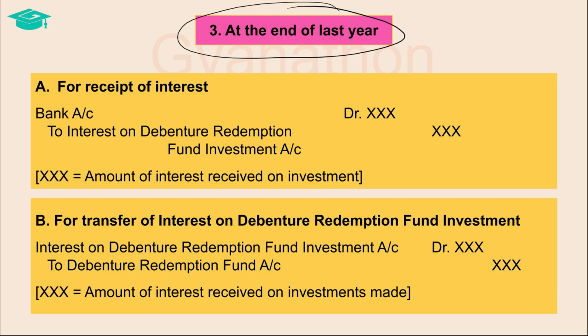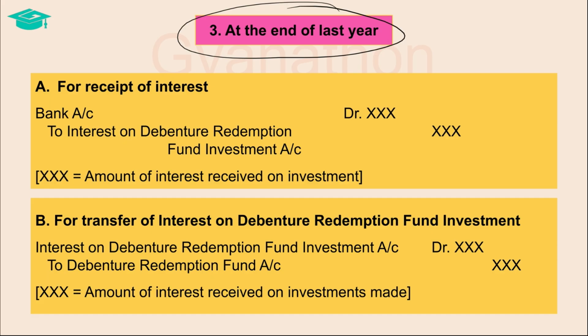Once the investments are encashed, the profit or loss made on the investments is calculated and transferred to the debenture redemption fund account. Finally, the debentures are redeemed and the debenture holders are paid, and the balance in the debenture redemption fund is transferred to the general reserve.